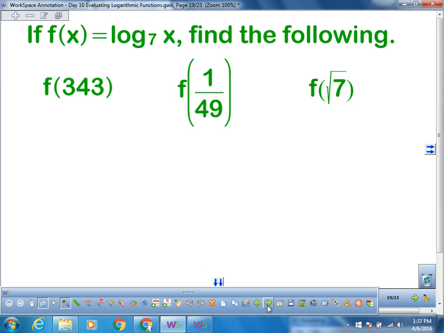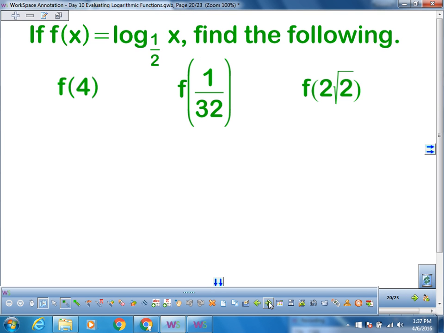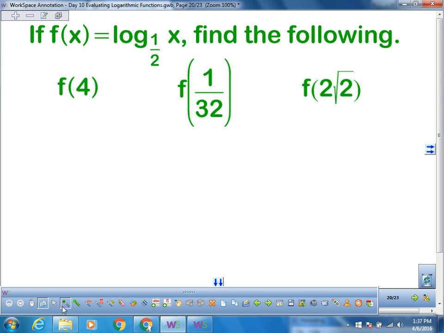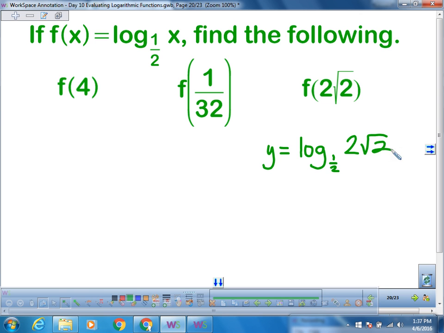Here's the hardest one. You're going to get something like this. Okay? So y equals log base 1/2 of x. My x is 2 root 2.